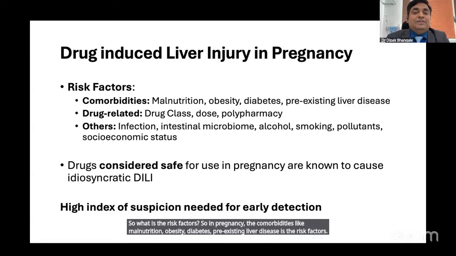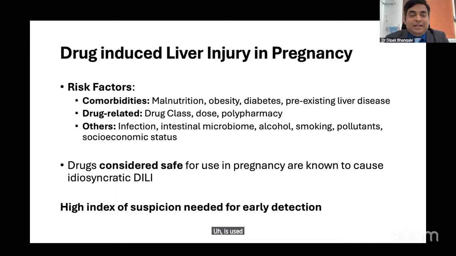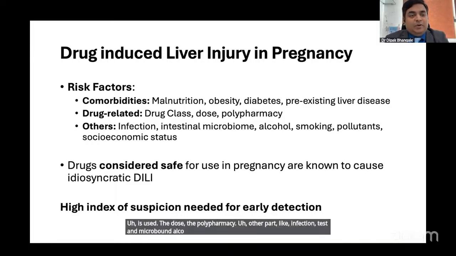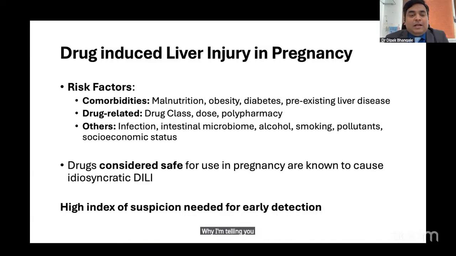Which drug is used, the dose, polypharmacy, and other factors like infection, intestinal microbiome, alcohol, smoking, pollutants, and socioeconomic status also determine drug-induced liver injury in pregnancy. Why am I telling you this? Because the drugs which are considered safe for use in pregnancy are also known to cause idiosyncratic drug-induced liver injury.